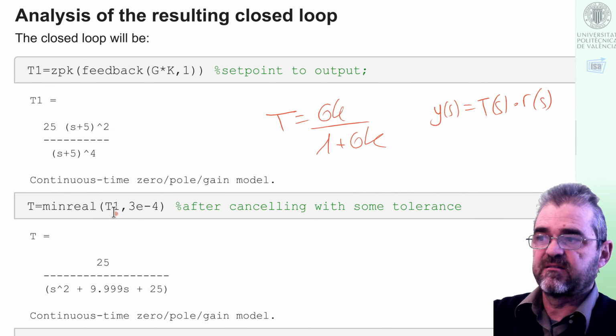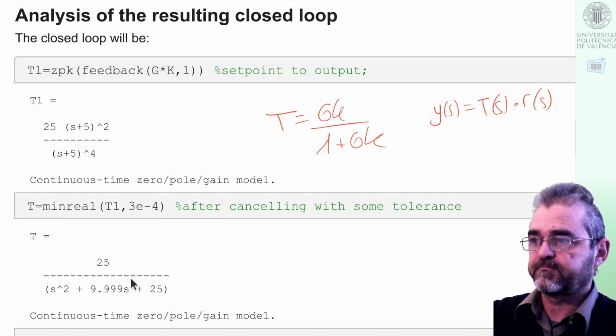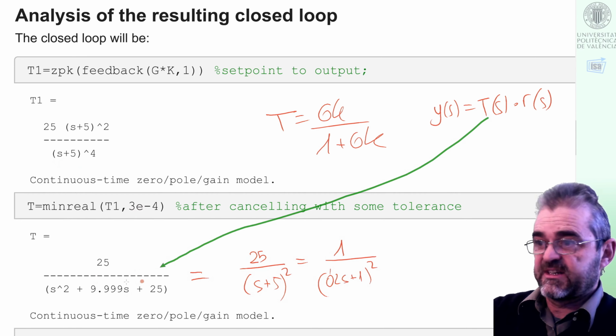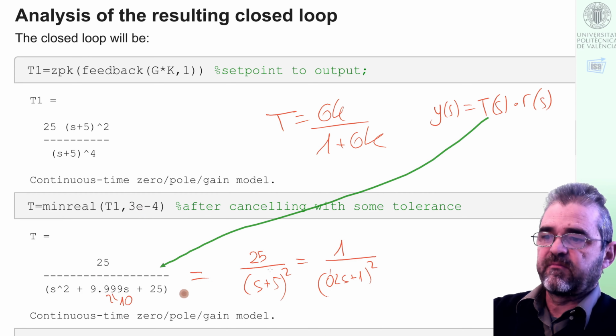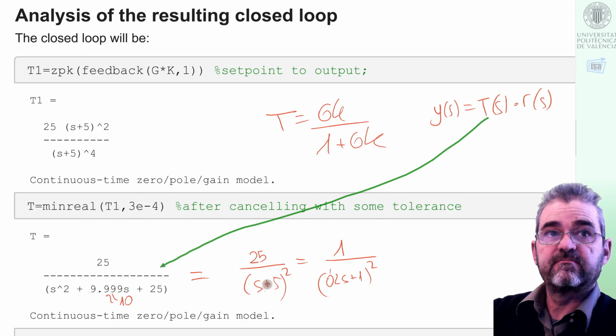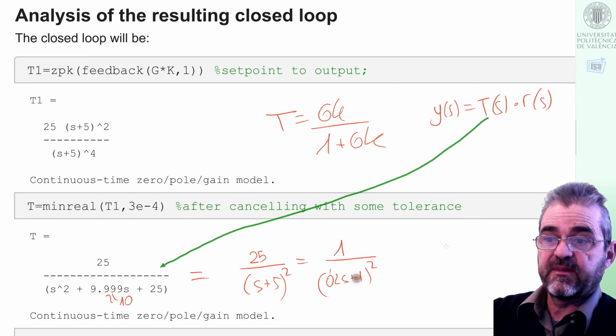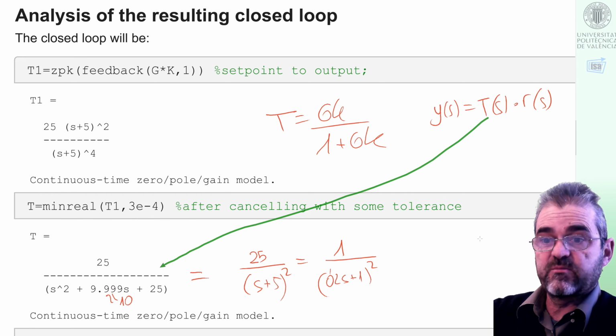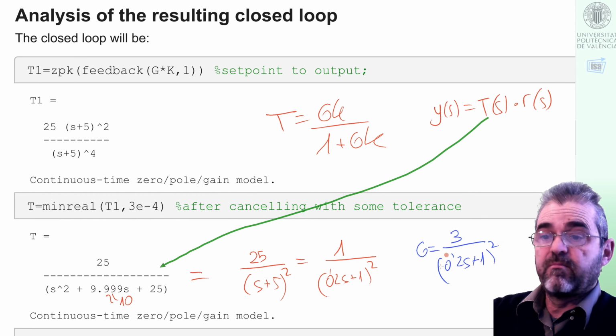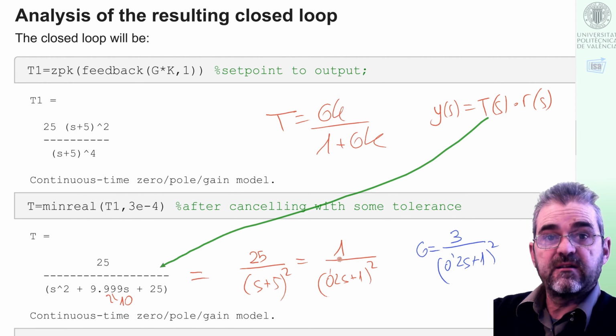So if I get Matlab to cancel with 0.0003 tolerance, then it cancels these poles and gets this T, which apart from round off stuff, this is 10, then it is this transfer function, divided by 25, numerator and denominator, I get this one, and it's just the same one as the process, but with unit gain instead of gain 3.